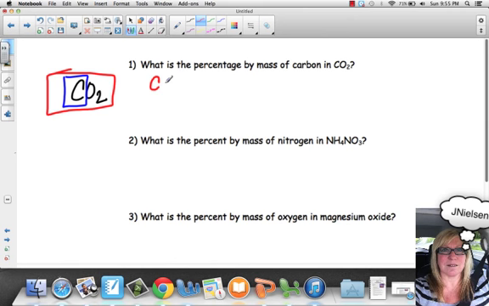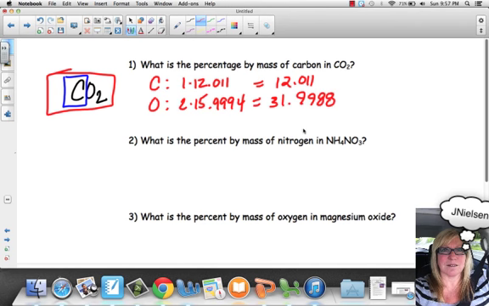So I've got 1C, and I have 2 oxygens. 2 times 15.9994 is 31.9988. So I need to sum these, and that's going to give me 44.0098.